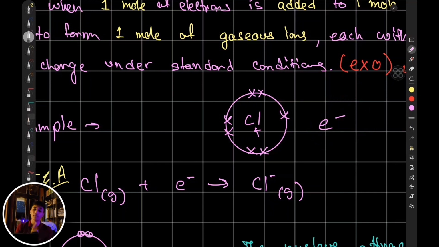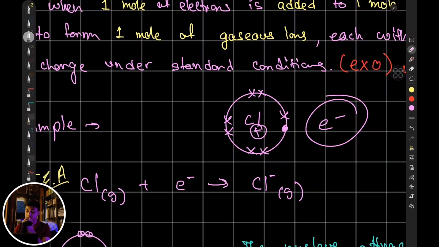So just for first electron affinity, the positive charge in the nucleus of chlorine can successfully attract the electron and form the bond. The nucleus has a positive charge, so it can attract the first electron and put it here and form the bond.